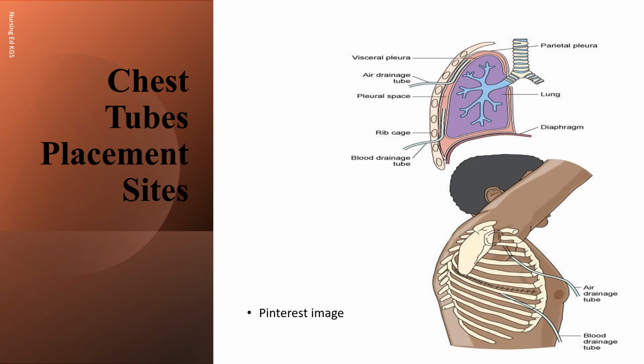On the other hand, if the patient is having blood or some other type of fluid in their pleural space, the chest tube will be placed in the lower posterior or lateral chest in order to drain this blood or fluid because fluids tend to settle in the lower cavity as a result of gravity.